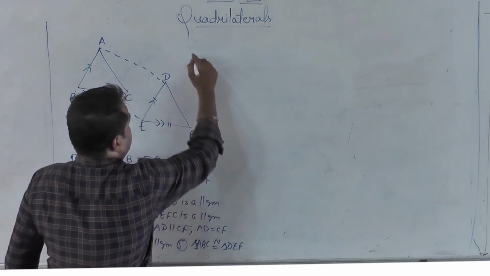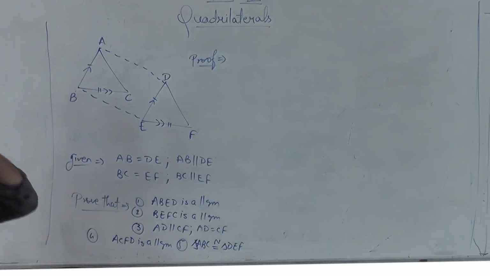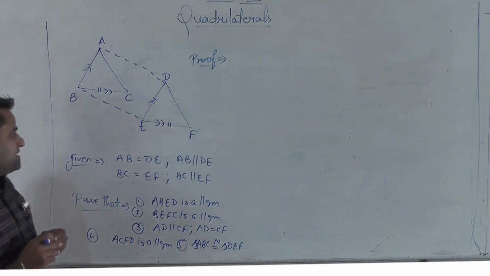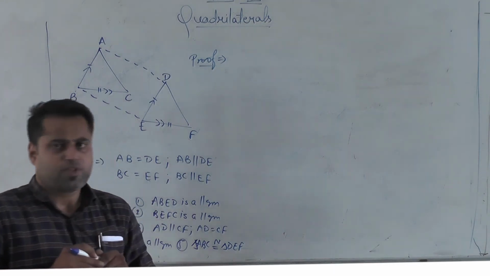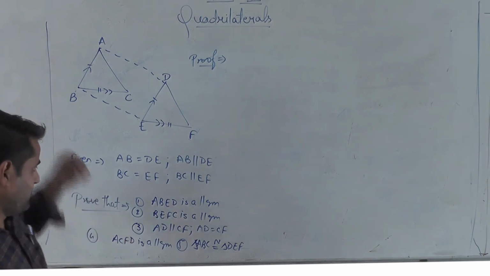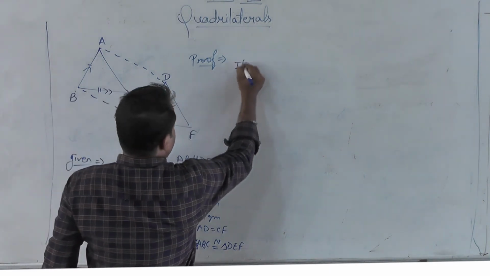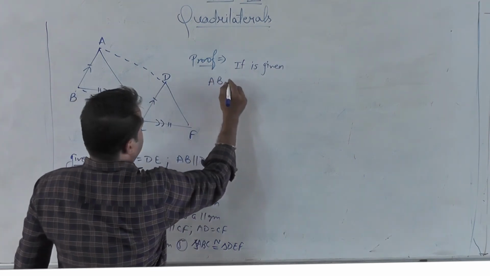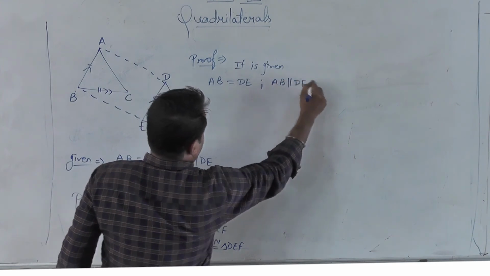Okay, let's see that. In the proof, we will start with what is given to us. Since two of the sides are equal and parallel, obviously the quadrilateral becomes a parallelogram. It is given that AB and DE are equal and parallel.